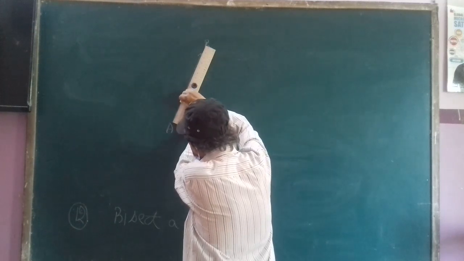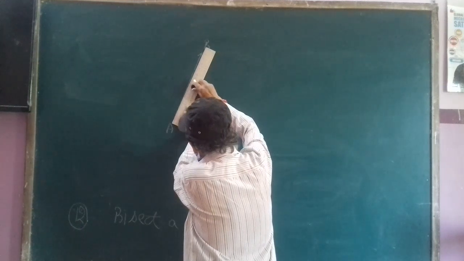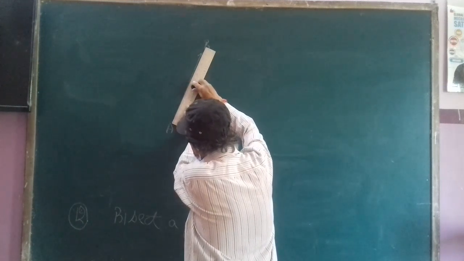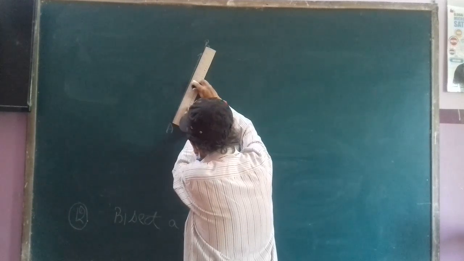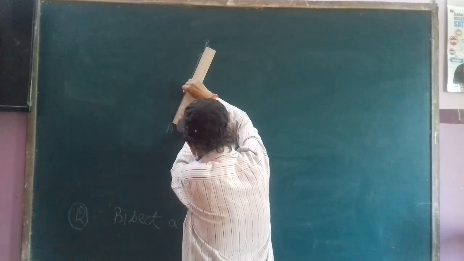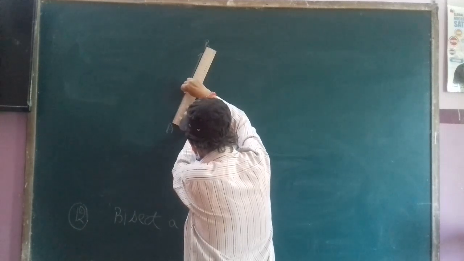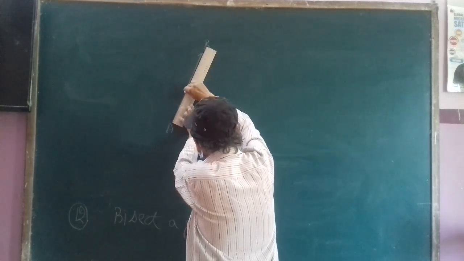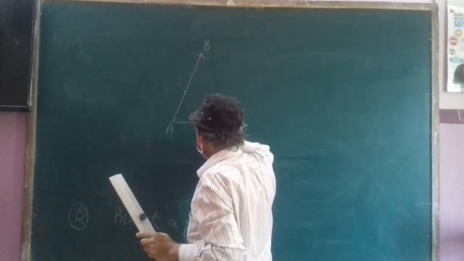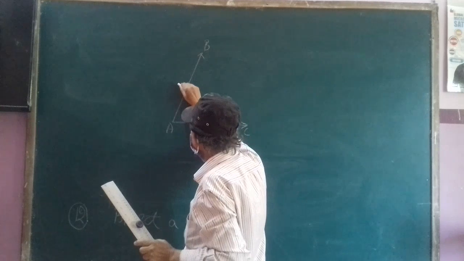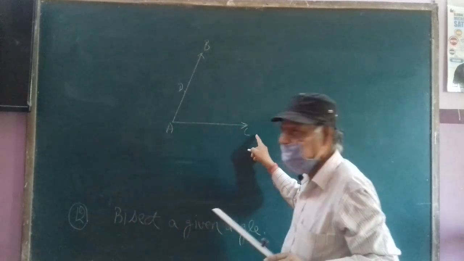Better I am taking 6, not 4. The gap should be big. 6 gap is better than 2, 4, like this. So name it as D. A similar gap you have to take on this arm AC.